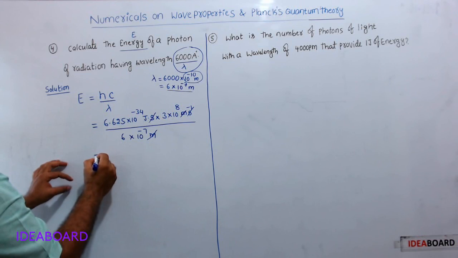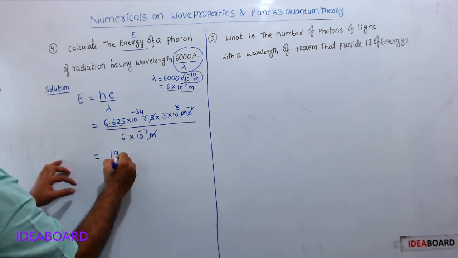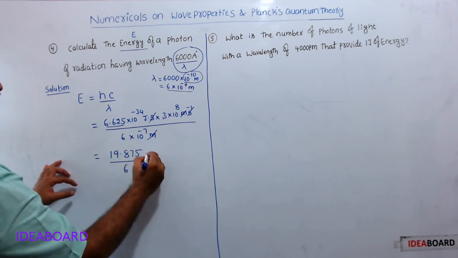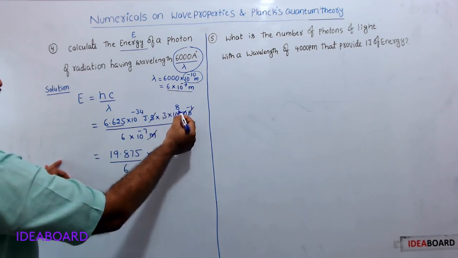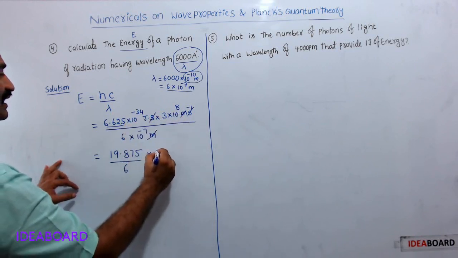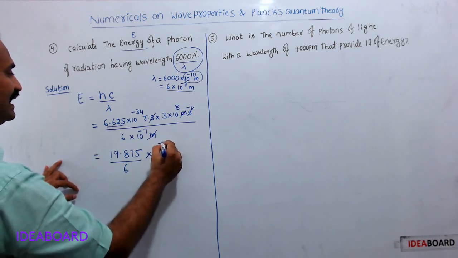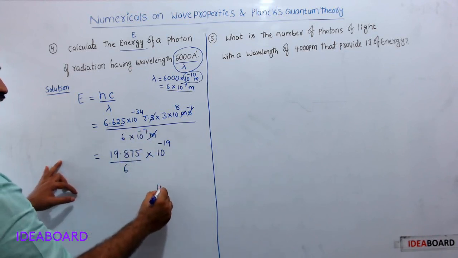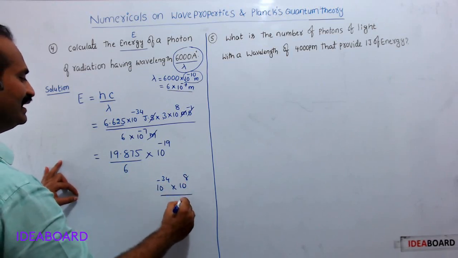Now come to 6.625 into 3, exactly 19.875, divided by 6 down here. For the 10 power terms: 10 power minus 34 into 10 power 8 by 10 power minus 7.